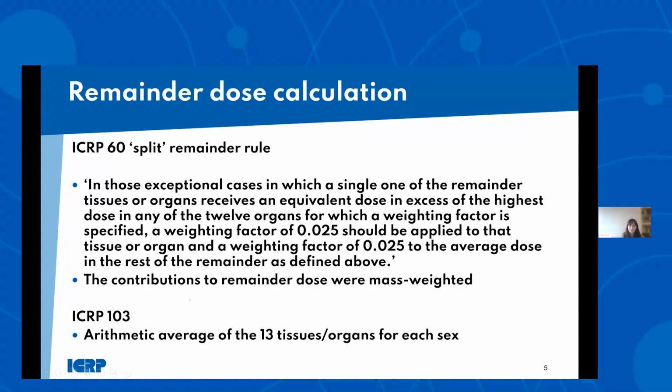But the contributions in that case were mass weighted, whereas now it's a straight arithmetic average. So that can make some differences because the remainder WT has increased quite a bit this time as well.